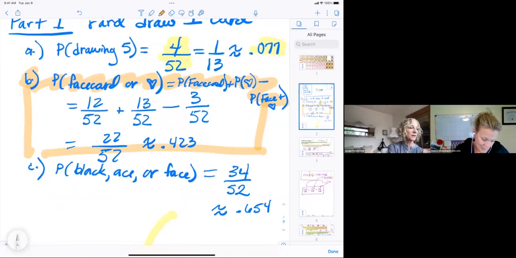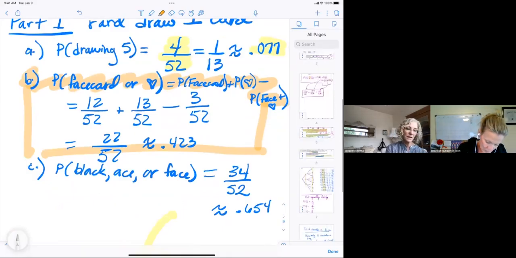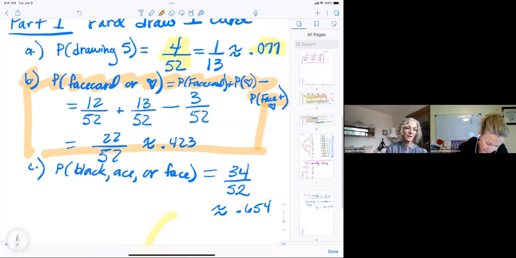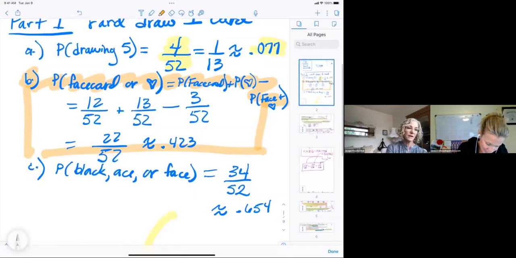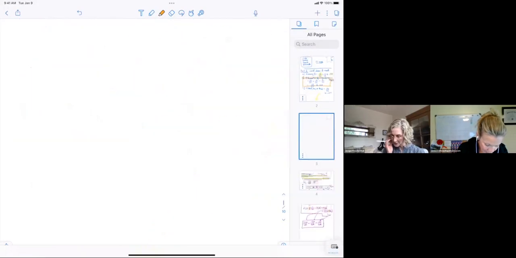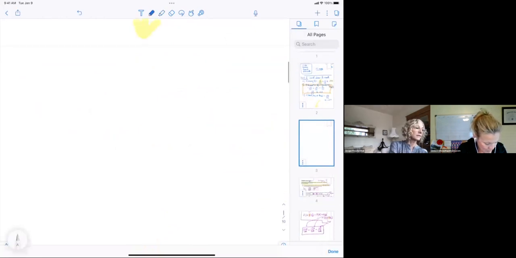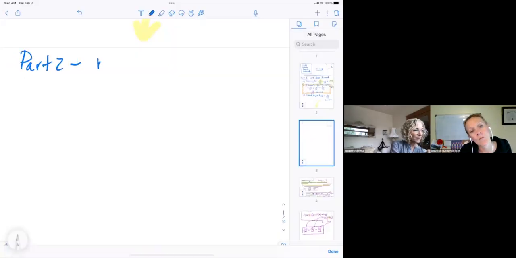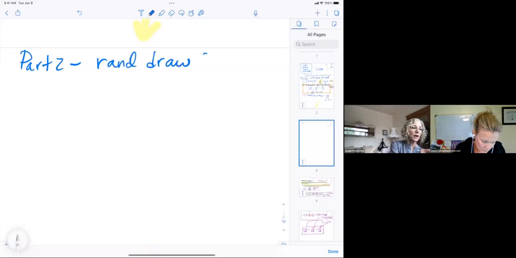Okay, let's move on to part 2 now. In part 2, we're going to randomly draw 2 cards, and this is with replacement.